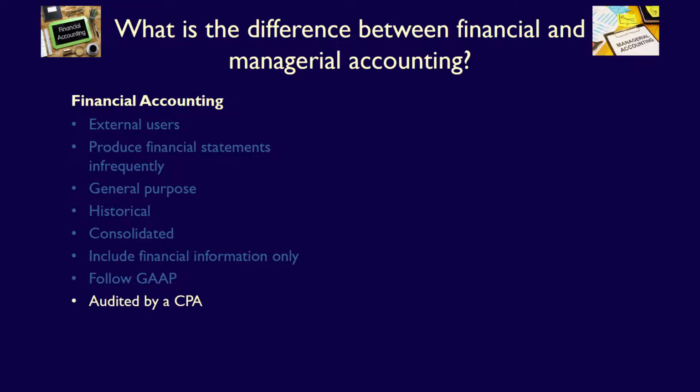And finally, the financial statements are generally audited by an external CPA, Chartered Professional Accountant. This is to verify that they are free of material misstatement. Auditing provides external users with a level of assurance with regards to the information included on the financial statements.